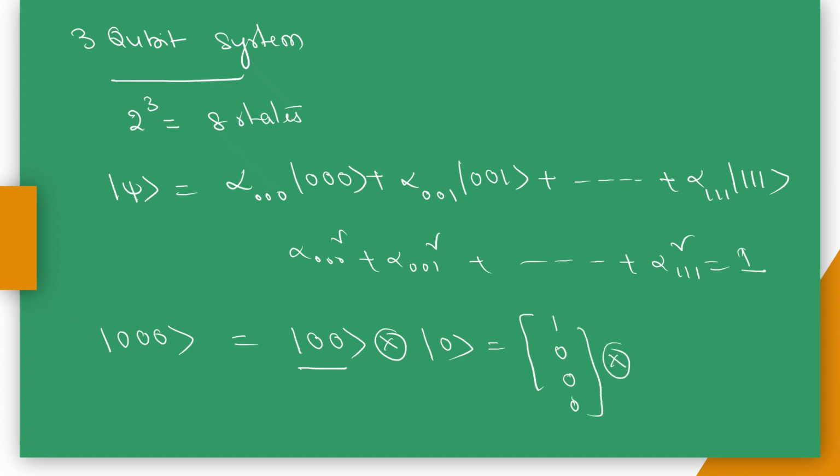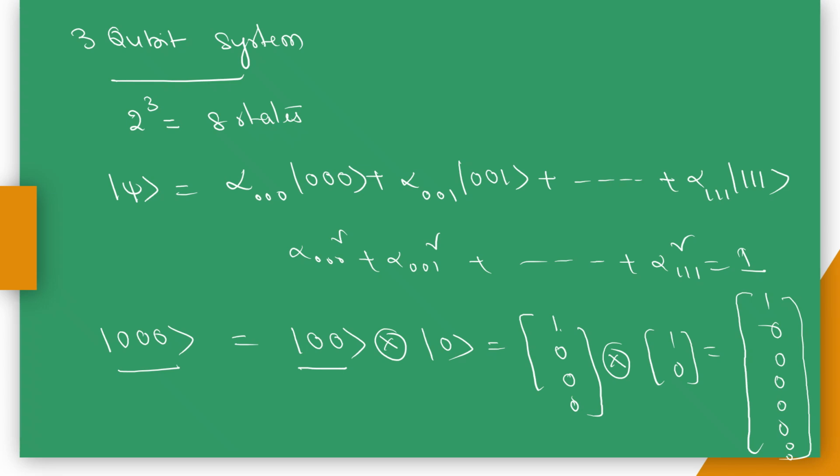Its tensor product with another 1, 0 gives 1 into 1, 1 into 0, 0, 0, 0 into 1, 0, 0, 0, 0. Similarly, we get 8 entries. This is the matrix for the 000 state. We just take the tensor product of the individual states.